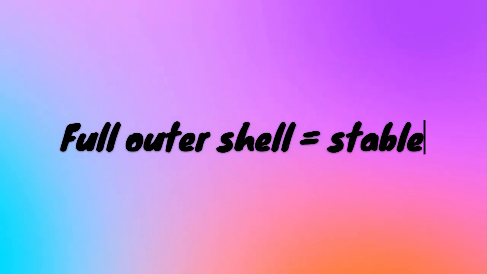And this is why group 1 is highly reactive and reacts with group 7. In group 7, we have 7 electrons in our outer shell, and to fill that outer shell we want to gain 8 electrons, so we can gain that one electron that is lost from group 1.